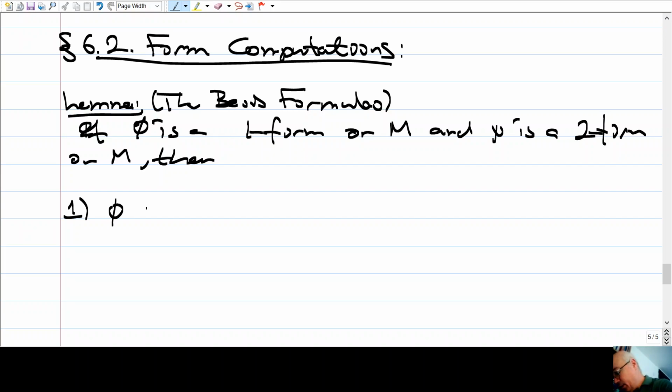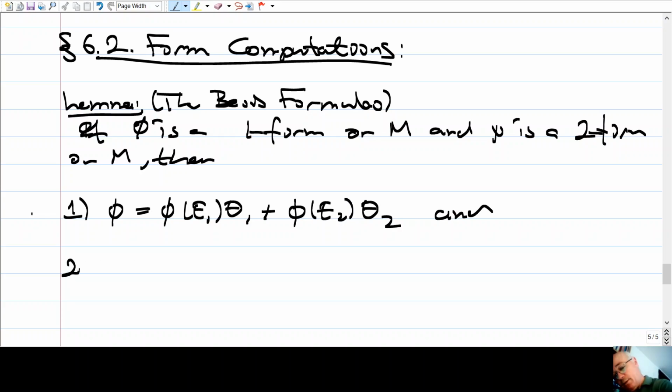Every one form is written in this form, and every two form can be written like this.